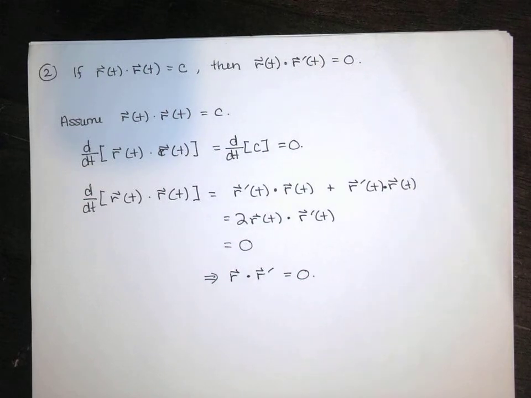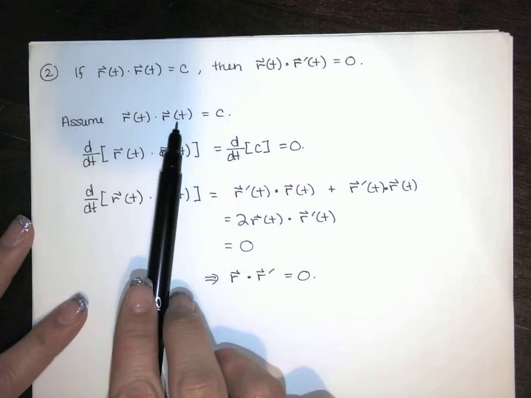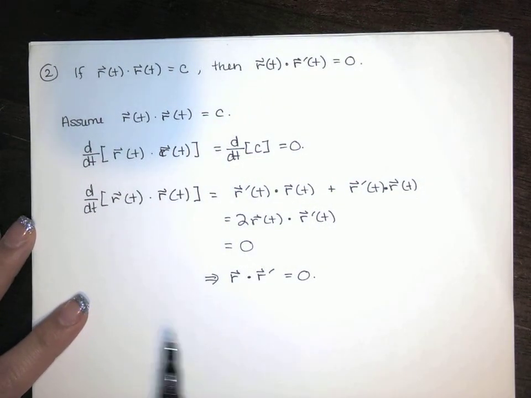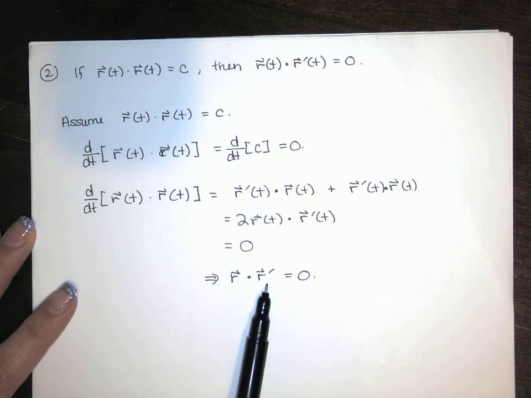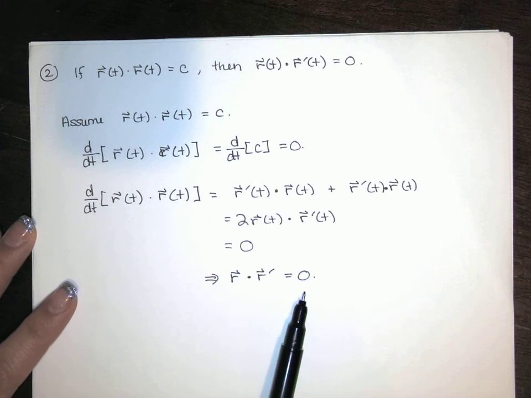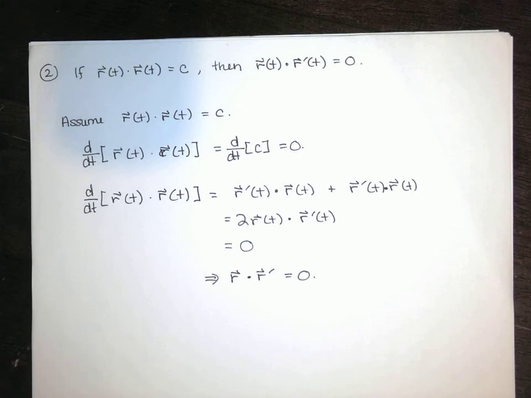You might say, oh, what does that mean? What's the significance of that? Well, what that's telling us is, if I take r and dot it with itself and I get a constant, then r and r's derivative are perpendicular to each other. Think about that for a second. r and its derivative are perpendicular.